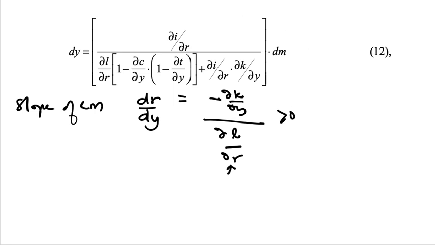Okay, now, and if you recall back the study during undergraduate level, the slope of LM, let's say this R, this Y, it can be like this, it can be flatter, it can be even steeper, because it depends on the interest elasticity of money demand. And interest elasticity of money demand can be measured by this.